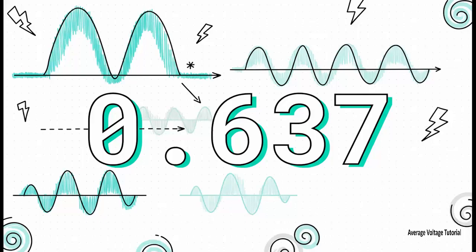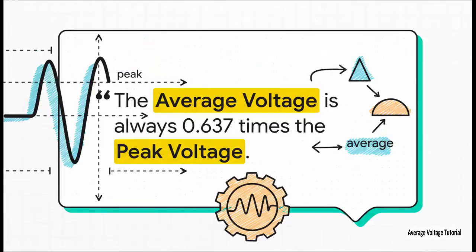And that number is 0.637. This is the key. This little constant is the magic bridge that directly links the highest point of the wave, its peak, to its practical, useful average value. So this gives us a super simple rule to live by. The average voltage is always the peak voltage multiplied by 0.637. That's it. That's the core calculation you need to know.